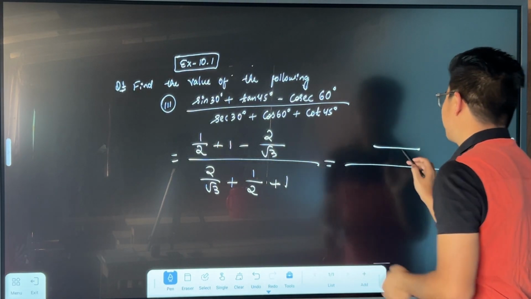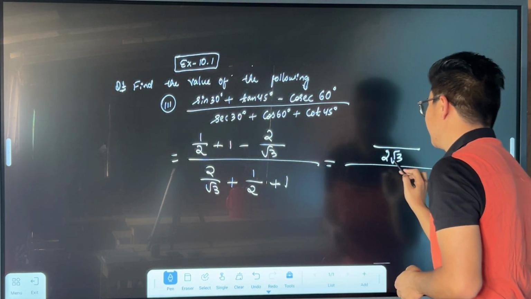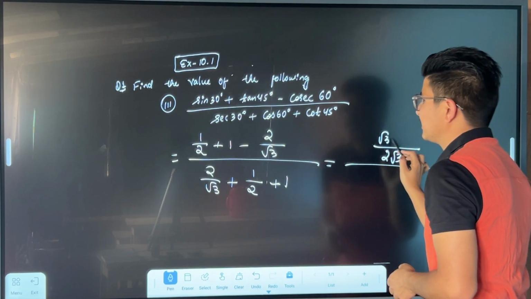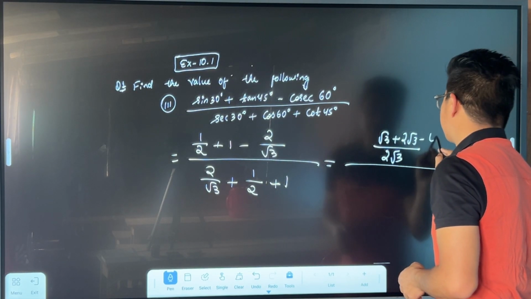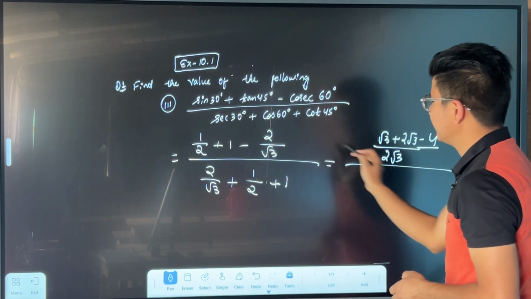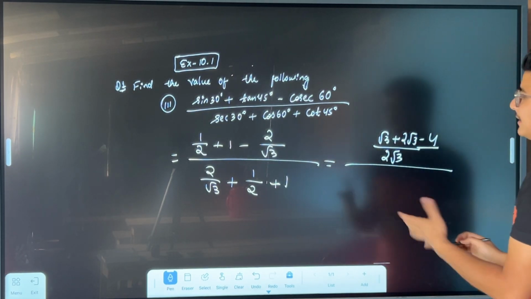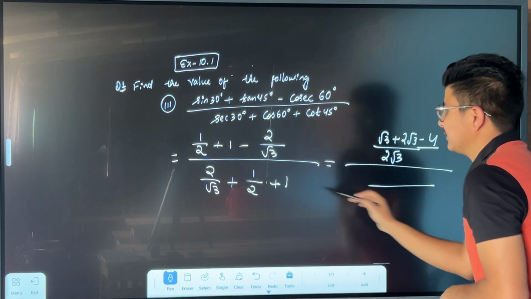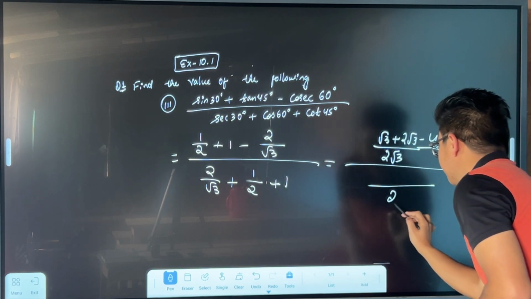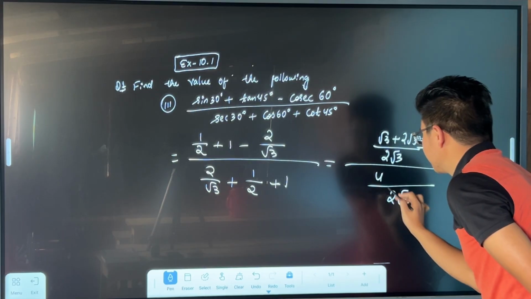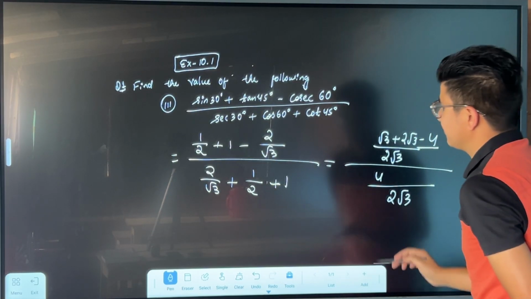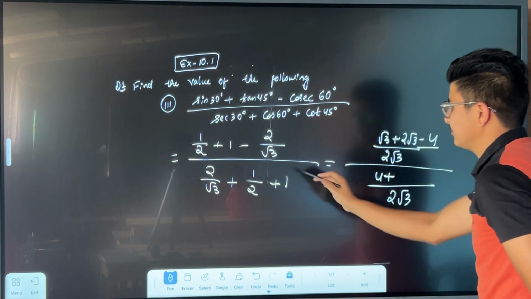I hope you all know how to take the LCM. 2 and root 3 LCM will be 2 root 3. Then what remains here? Root 3 plus 2 root 3 minus almost 4. Root 3 is already here, with this 2 you have to multiply there, then you will get 4. And in here, if you take the LCM, then it will be 2 root 3. Root 3 is already there, so if you multiply this 2 over there, you will get 4 plus 2 is already here.